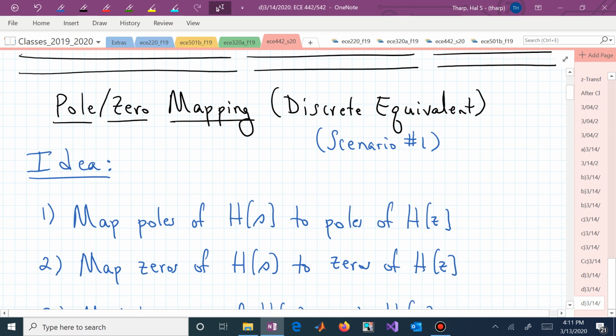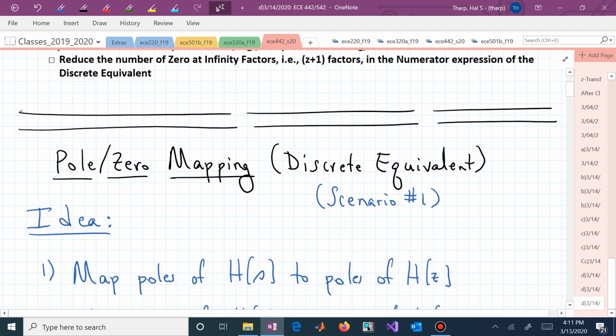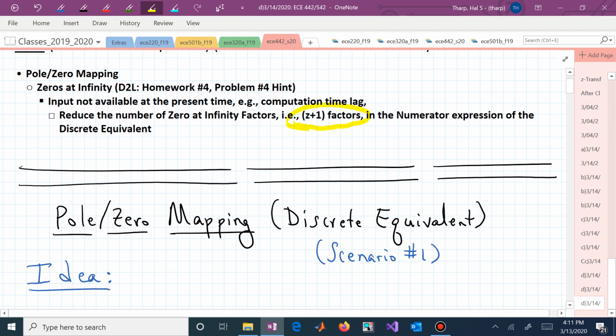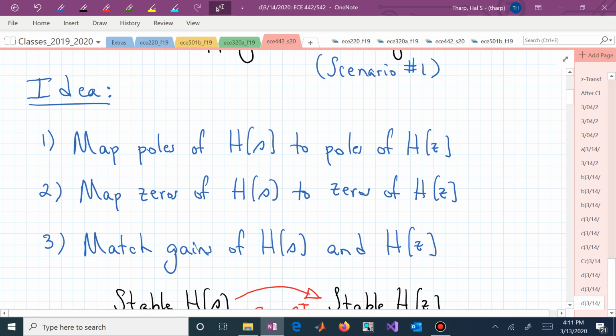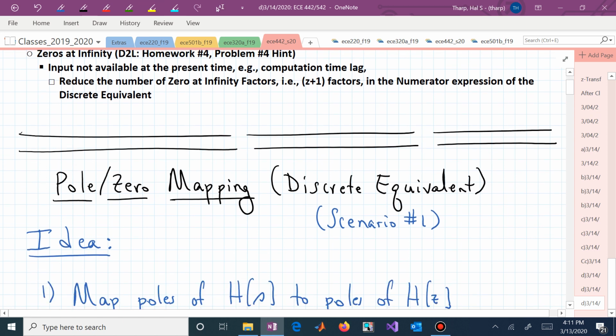The idea now of this pole zero mapping is to map the poles, and these are the finite poles of H of s, to the poles of H of z, and map the zeros of H of s, and this now means two sets of zeros, the finite zeros and the infinite zeros. How many infinite zeros you map will depend on how you want to handle this number of factors z plus 1 in your discrete equivalent, and really how much computation time lag there might be in your implementation of this discrete equivalent.